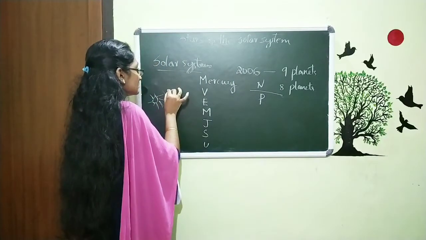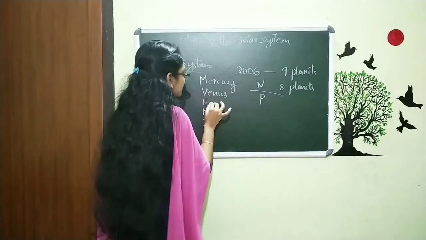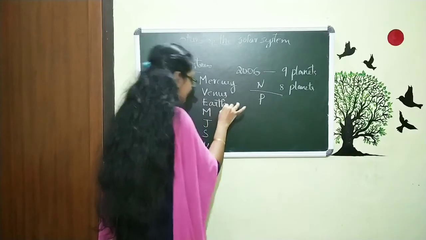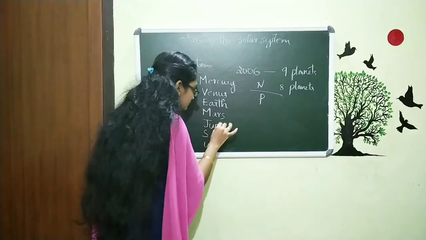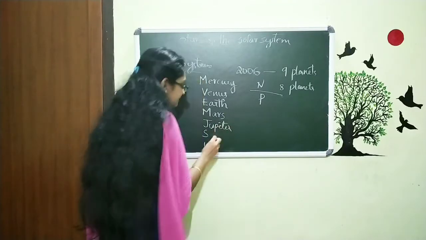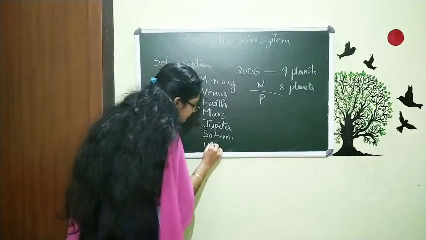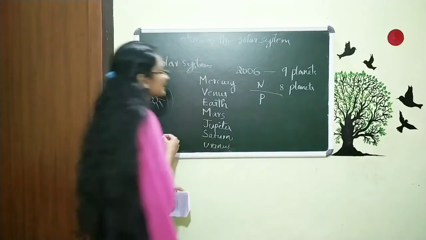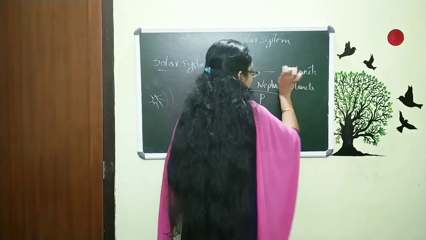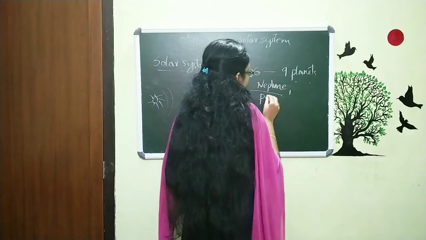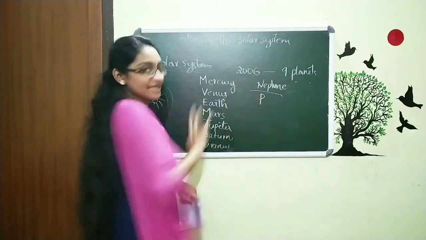The next planet is Venus, Earth, Mars, Jupiter, Saturn, Uranus, Neptune, and actually now we have only these 8.